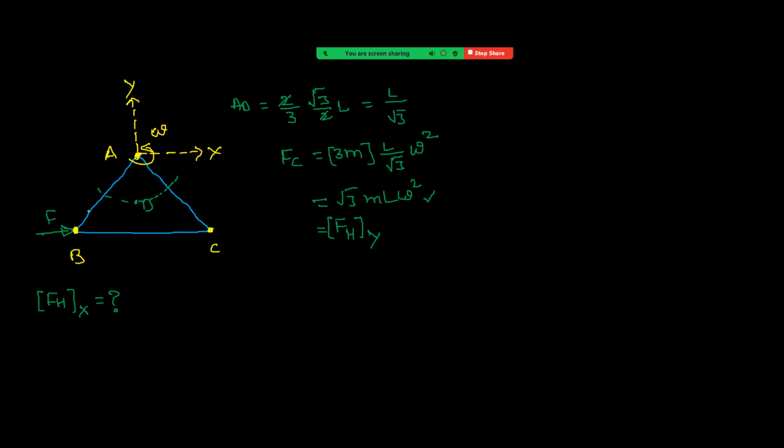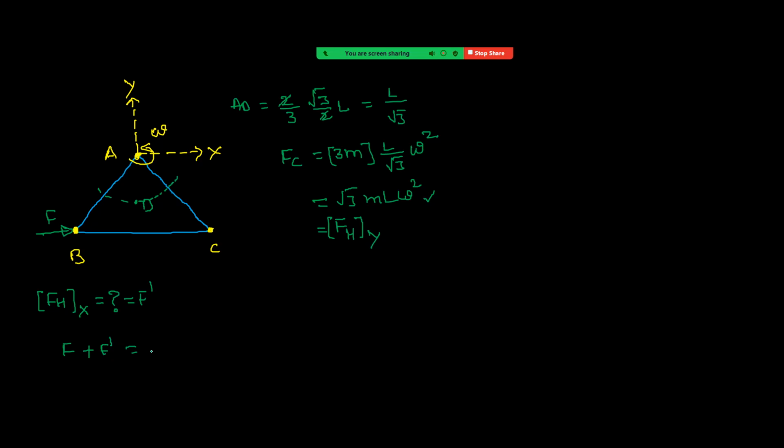So we simply assume that it is also in the same direction. That means F plus, let us take this as some F dash. This is the x component of the hinge reaction. F plus F dash. This force is along a tangent.